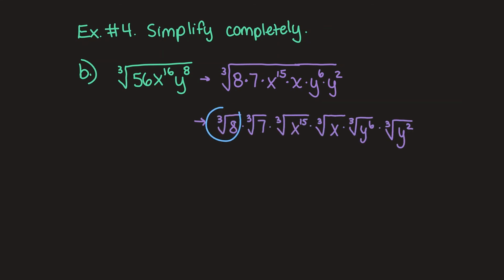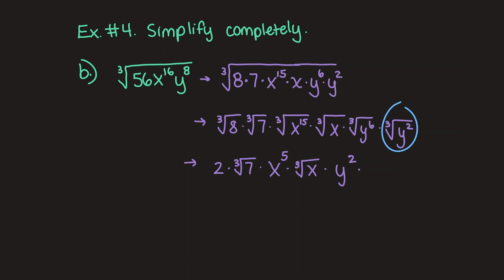So the cube root of 8 is 2. The cube root of 7 is already simplified. The cube root of x to the 15 can be rewritten as x raised to the 15 over 3, which reduces to x to the 5th power. The cube root of x is already simplified. And the cube root of y to the 6th power can be rewritten as y raised to the 6 over 3, which reduces to y squared.